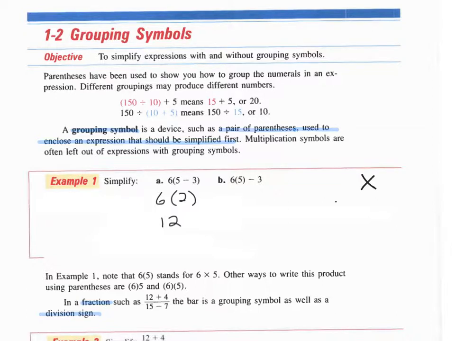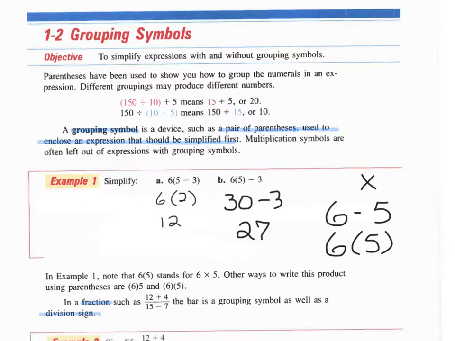We're going to either see it with a dot or we'll see it separated next to each other with parentheses. So these are going to indicate multiplication. So on example 1, part B, I'm going to multiply 6 times 5 first, and then I'll subtract the 3.